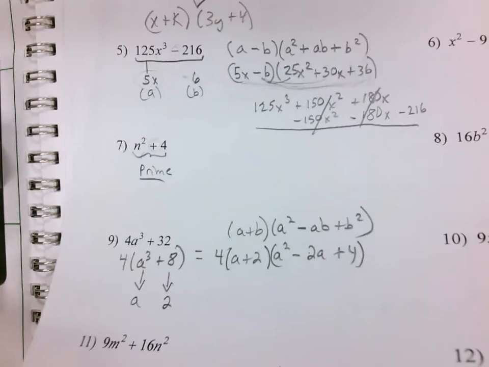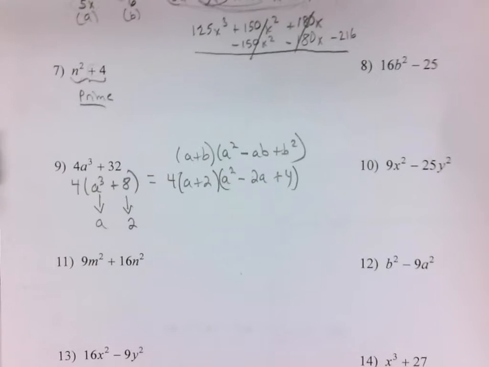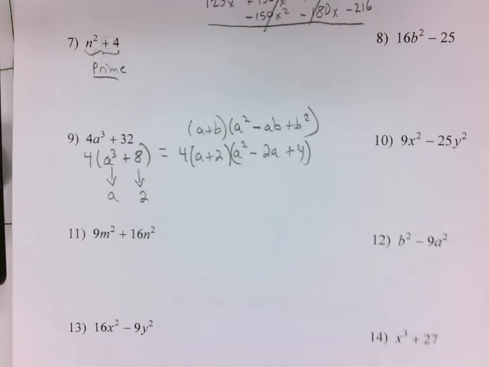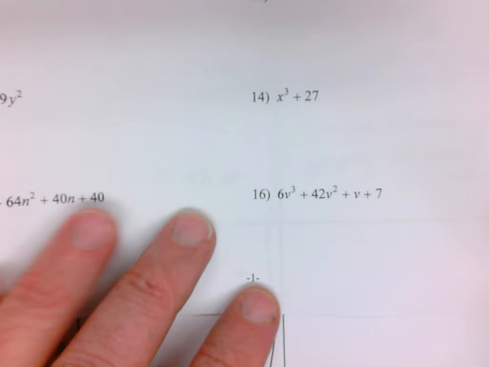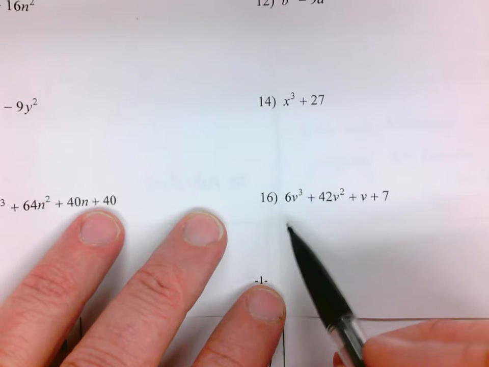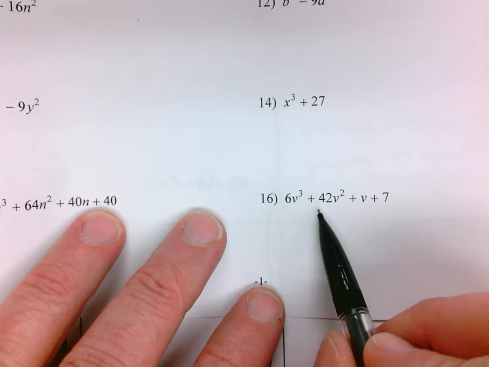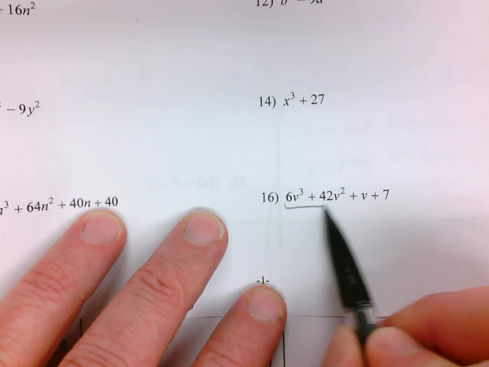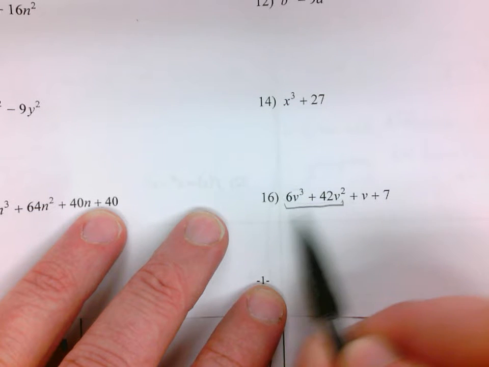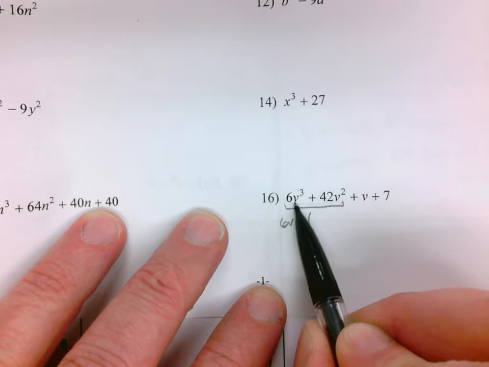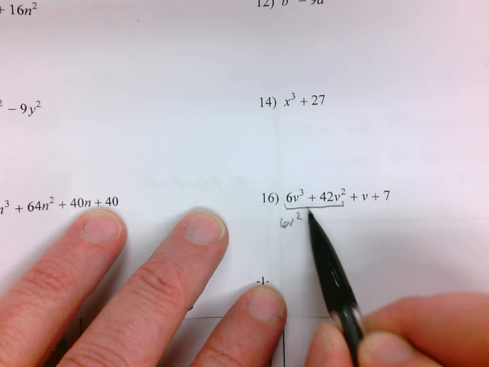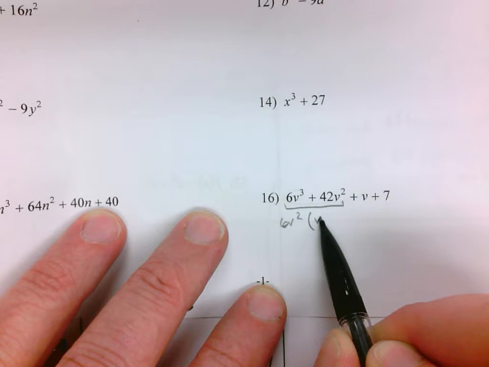Flip it over to another one. Now let's look down here because this is sometimes tricky. 4 terms. In these 4 terms, I'm thinking factor by grouping. They were all nice and lined up for us. So I can take a 6v squared out of here, and it leaves me with v plus 7.